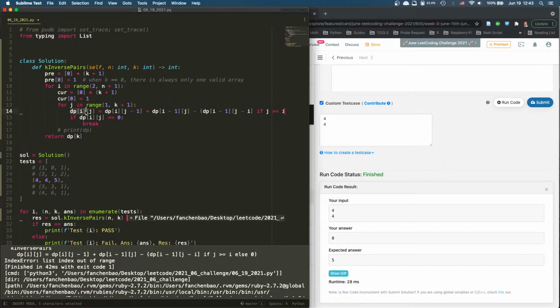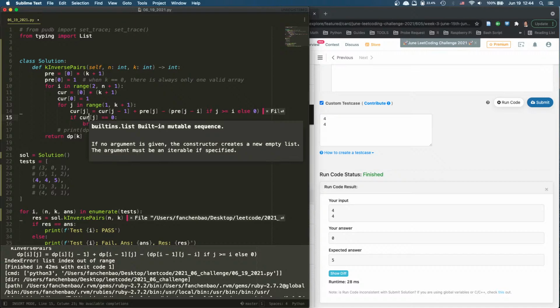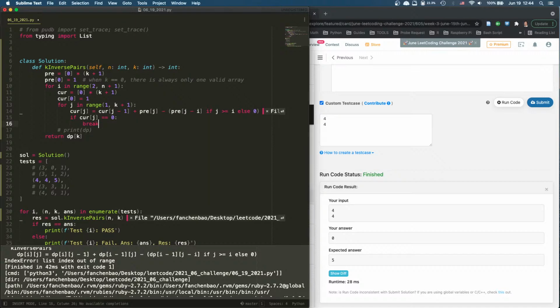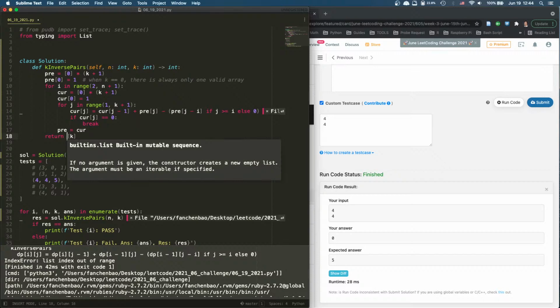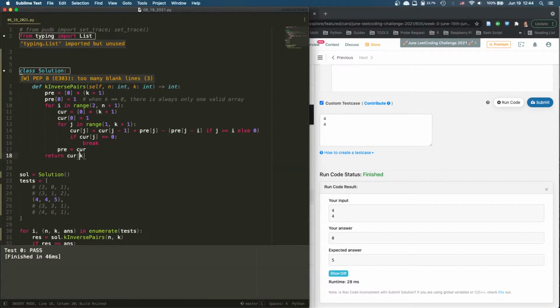Current j equals current j minus 1 plus pre j minus, this is going to be pre j minus i if this, else 0. And if current j is 0, then we break, right? And coming out, pre equals current. And then we return current k. There we go.